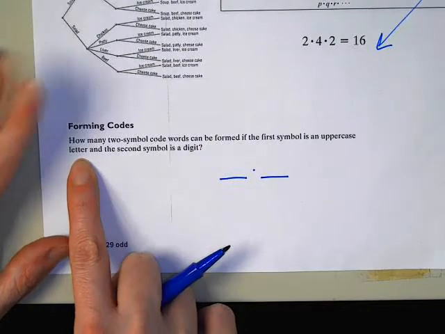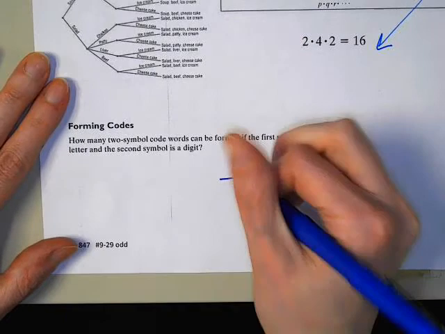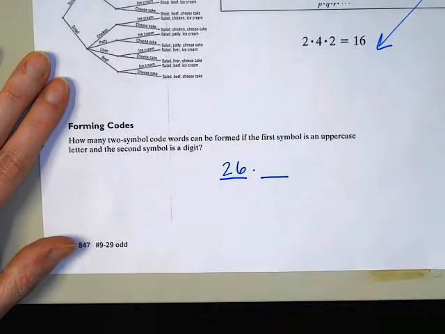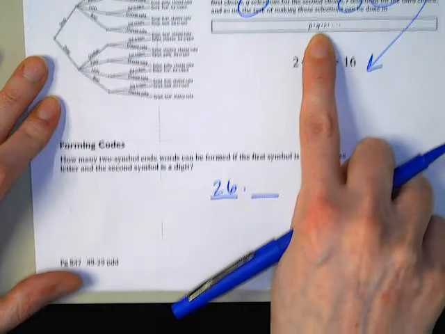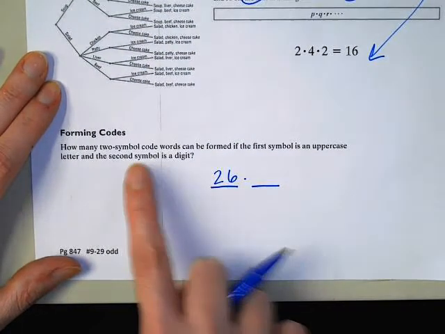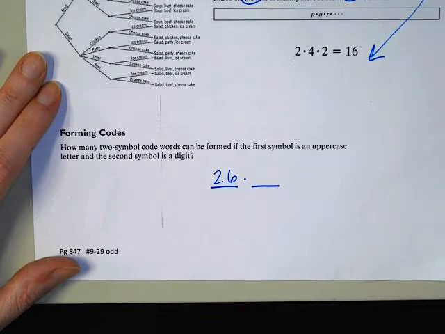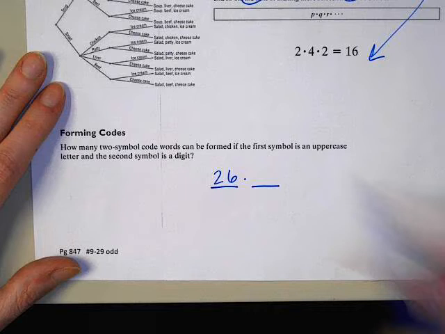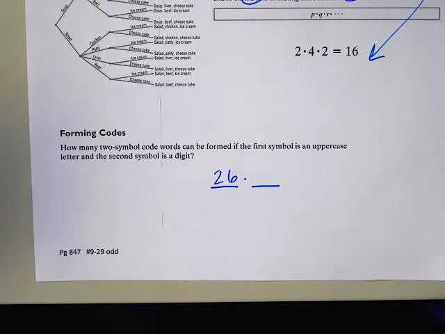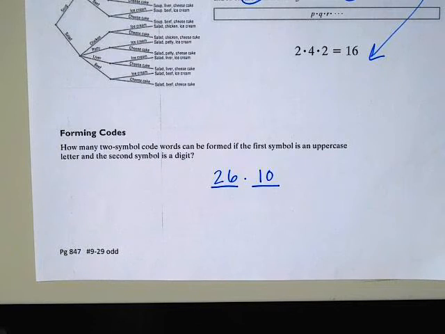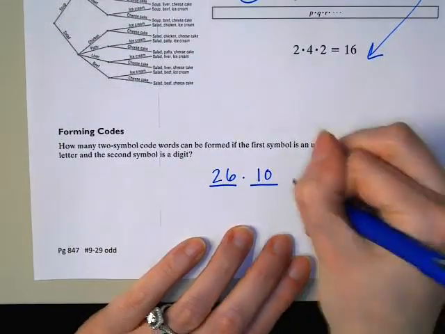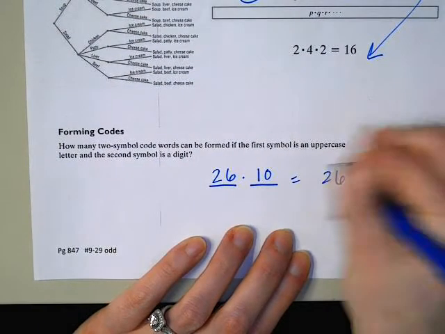How many letters are in the alphabet? That's 26. And then times, right? Multiplication principle says times. How many digits are there? Digits can be 0 through 9, right? So 0, 1, 2, 3, 4, 5, 6, 7, 8, 9. That's actually 10 different options for a digit. And if you multiply those, that would be 260 code words.